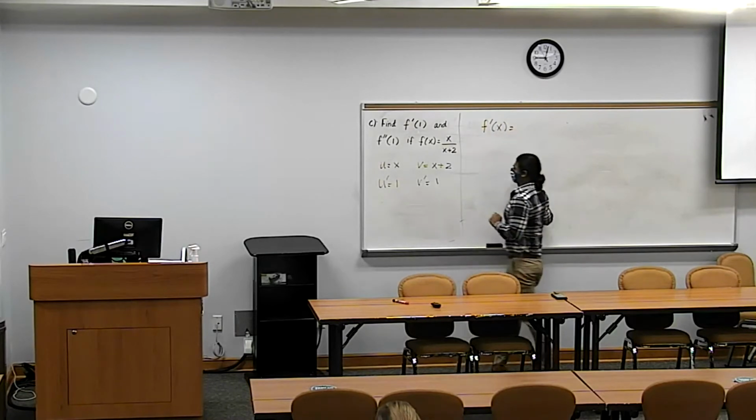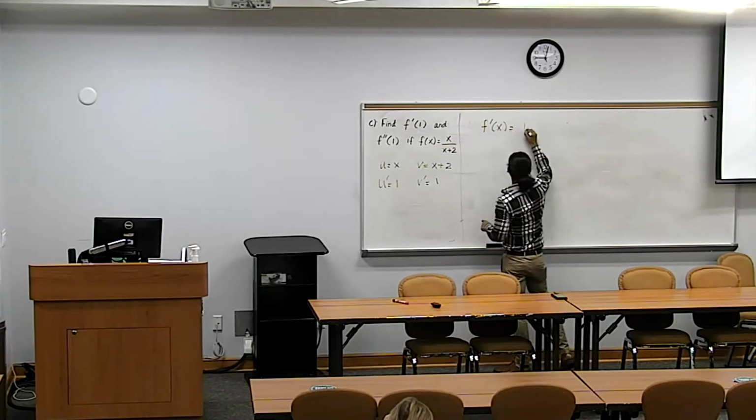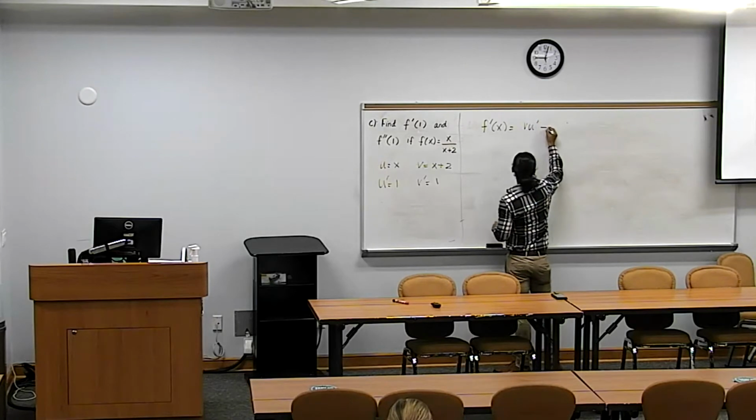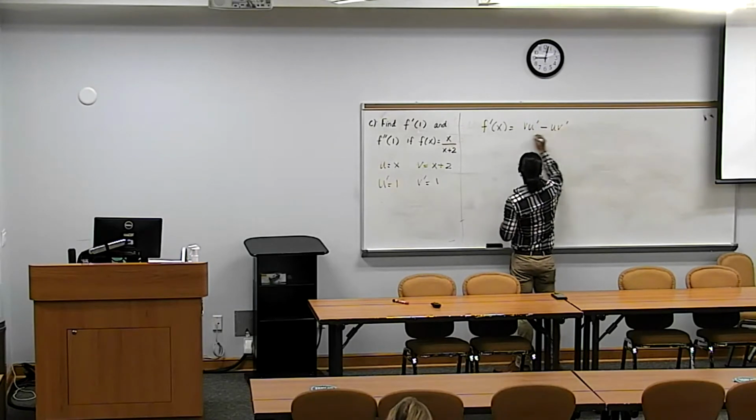So the formula is v u prime minus u v prime divided by v squared.